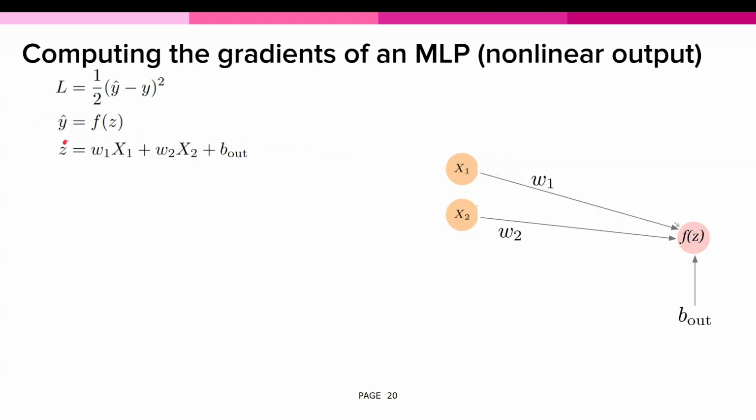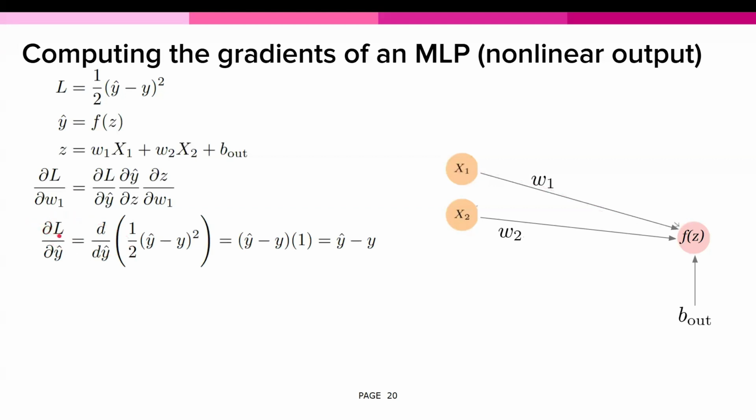But z is still the current flowing into that pink node. So z itself will still be w1x1 plus w2x2 plus that b out, where b is the bias. And as before, we're still going to use the chain rule.